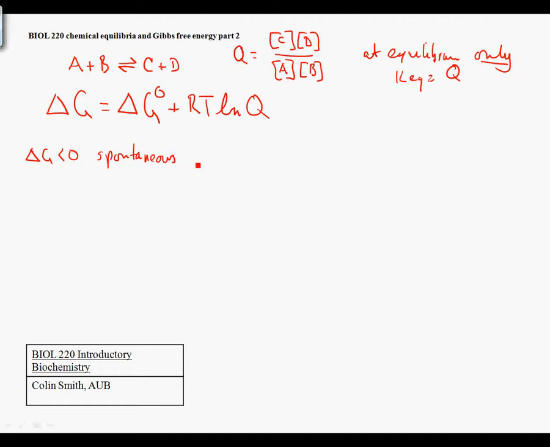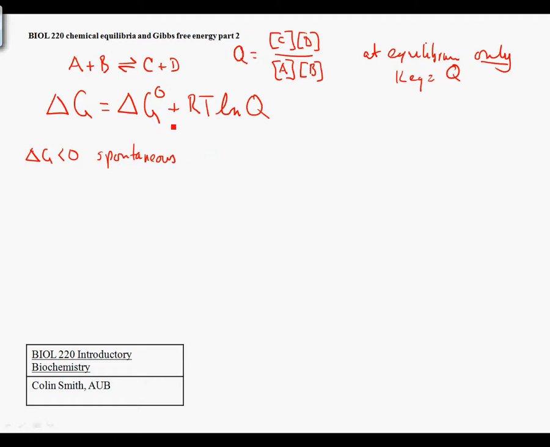So a free energy change that's negative is spontaneous, meaning it doesn't need any energy to occur. Doesn't mean it does occur, because, for example, diamond can turn into graphite spontaneously, but it doesn't happen very often or very fast, very, very, very slowly.